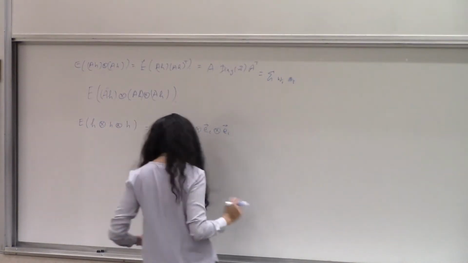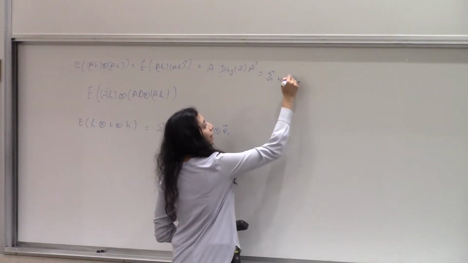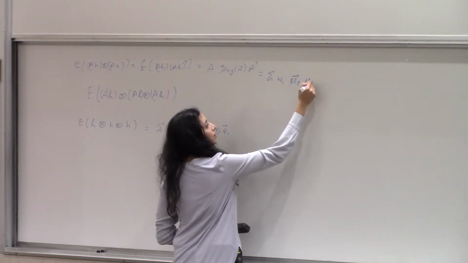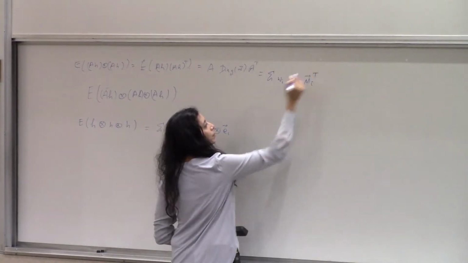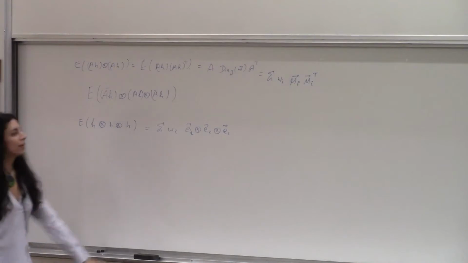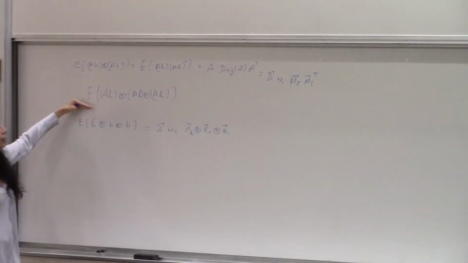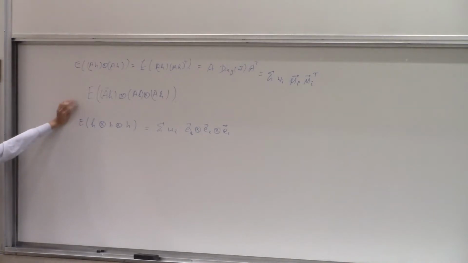Let's say mu I was the I-th column. Let me write it in this form. At least in this formulation, can you think of what a similar expression will be for the third order?